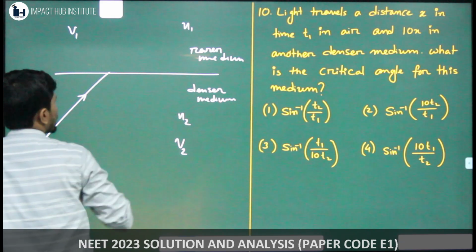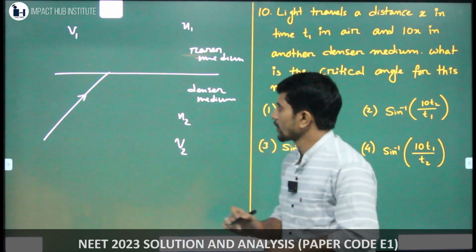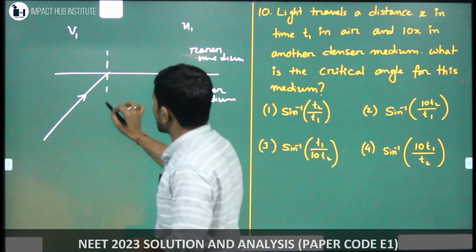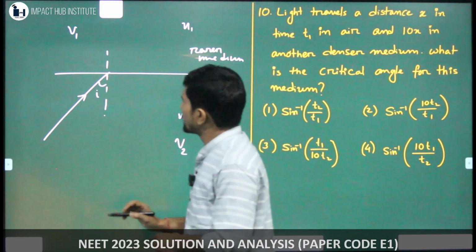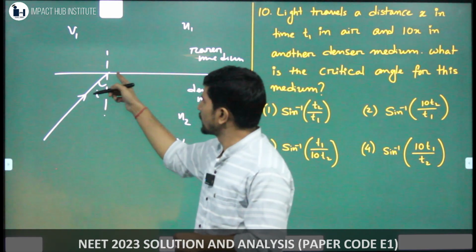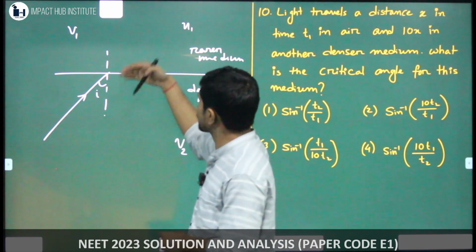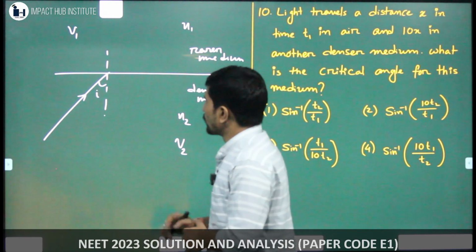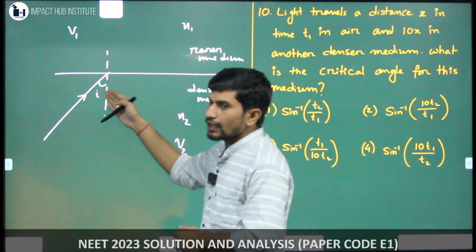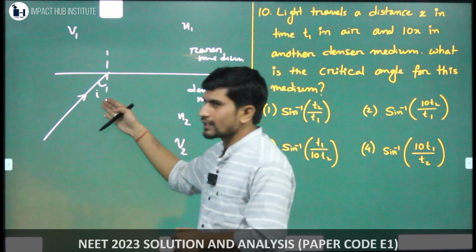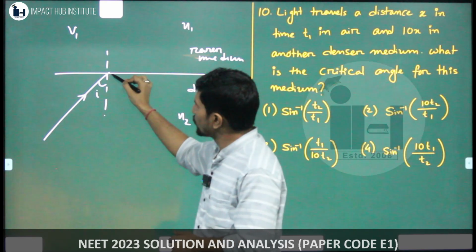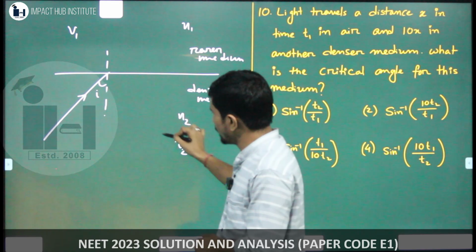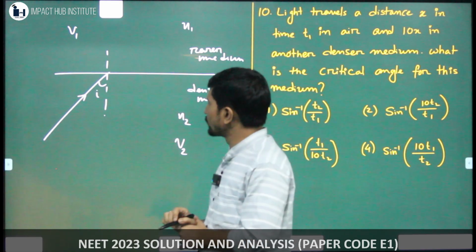Now when light travels from the denser medium to the rarer medium, if this particular angle of incidence is less than the critical angle, then light will suffer refraction, it will transmit into the rarer medium. On the other hand, if the angle of incidence is more than the critical angle, then it will suffer total internal reflection, it means it will reflect back into the medium.